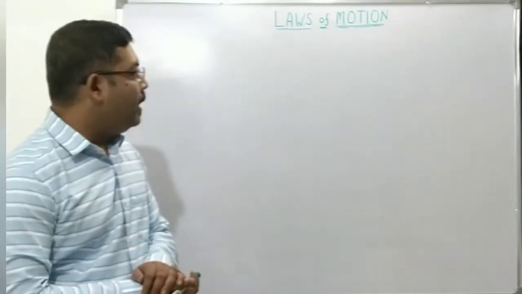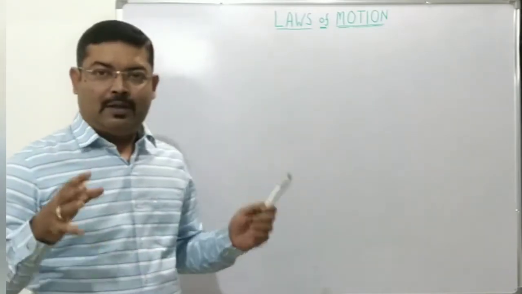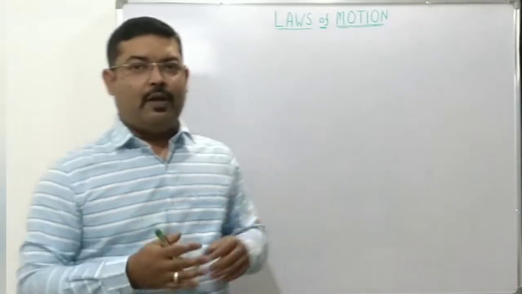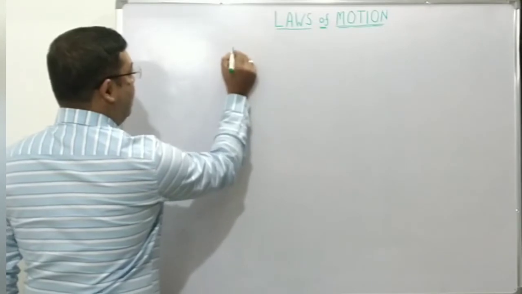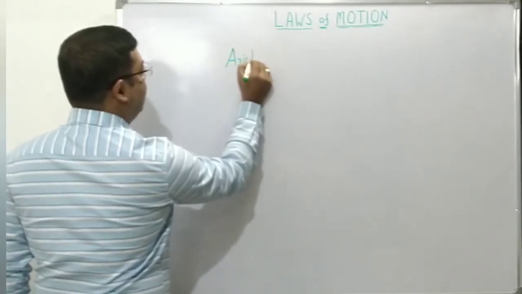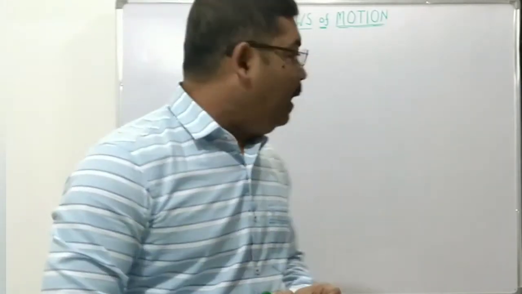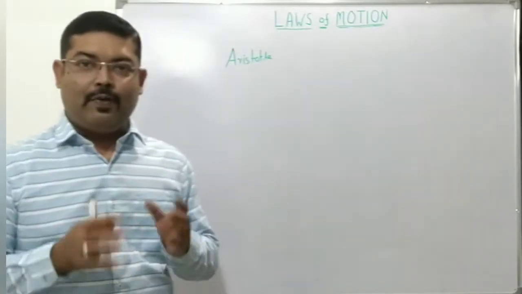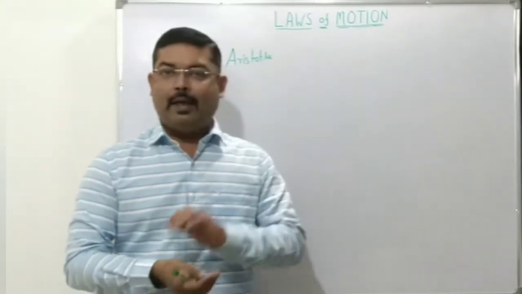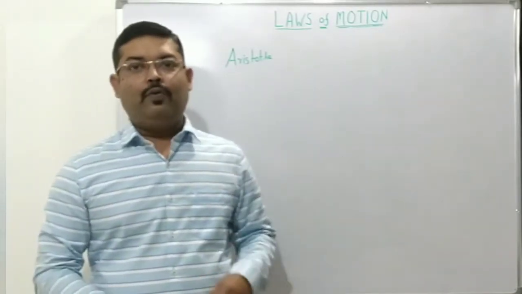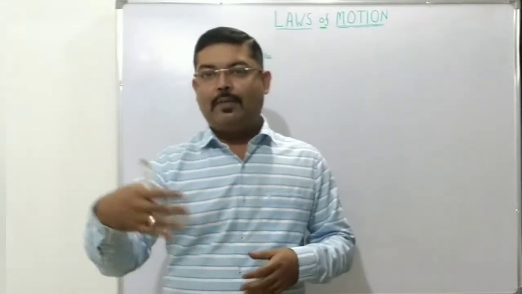So now let's go back in history, say nearly 2500 years back, when science, philosophy, astronomy were thriving in ancient Greece. The great Greek philosopher Aristotle observed the basic things that we observe today also. We see that in general an object seems to be at rest. To set it in motion, we have to apply force. And if we apply force to an object, it will start moving, but after some time it will stop.